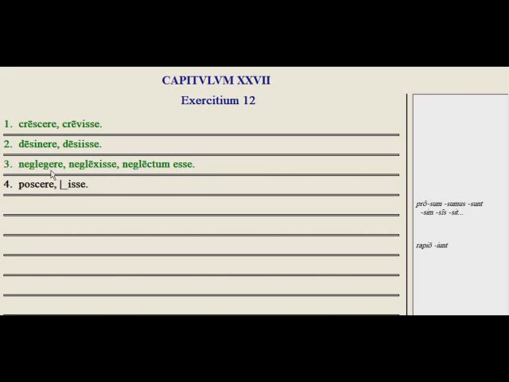And this is the present active infinitive, the perfect active infinitive, and then the perfect passive infinitive.